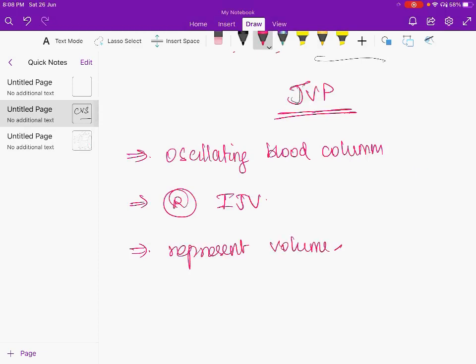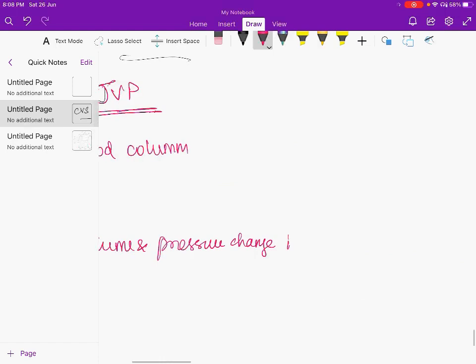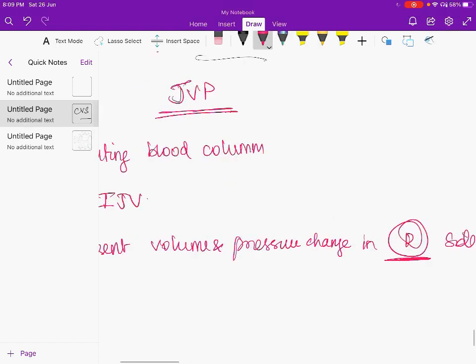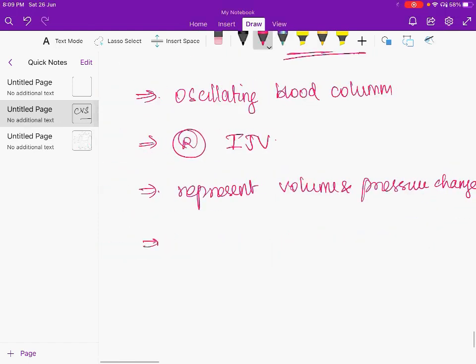volume and pressure change in the right side. Remember, it's only in the right side of the heart. Generally, JVP will represent the volume and pressure changes in the right side of the heart, and it will change with different phases of the cardiac cycle and respiration.